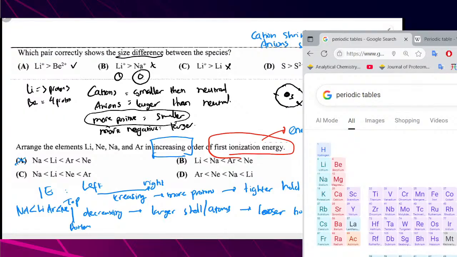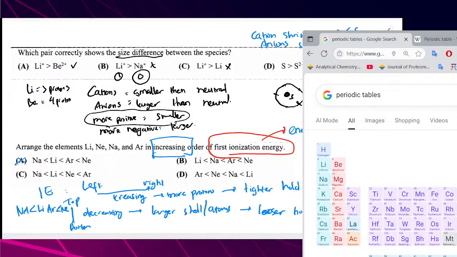Remember, more protons means a smaller radius. Cation shrinking, CS; anion, AS, swelling. Swelling is bigger.